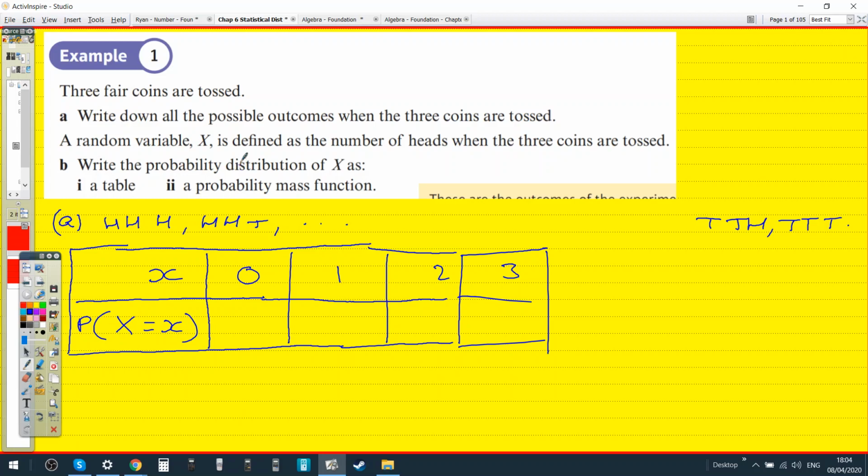So you flip a coin. Probability it lands on tails. 50%. Sure. I'm going to call it 0.5. You flip a second coin.